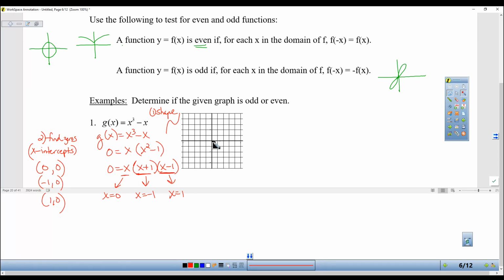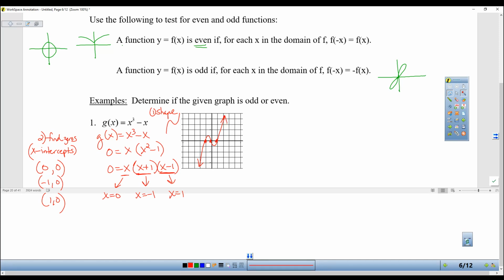If you have these 3 intercepts and you know its basic shape, you've got yourself a graph. So it certainly looks like it's an odd function. If you were to take this corner and spin it 180 degrees, it would probably look the same.